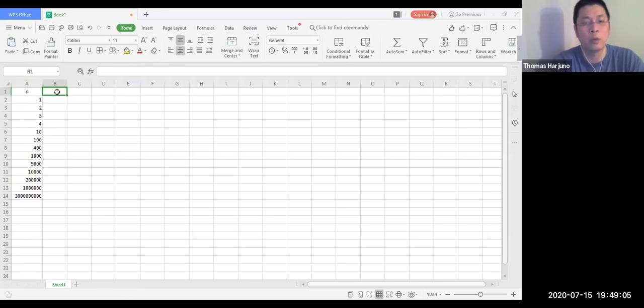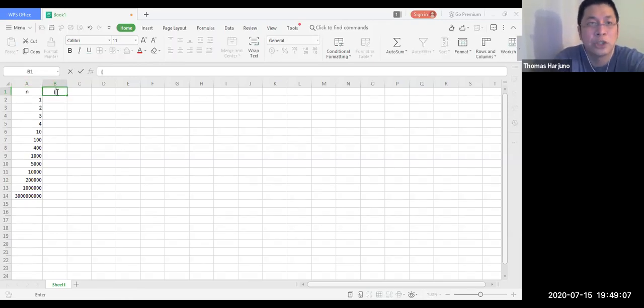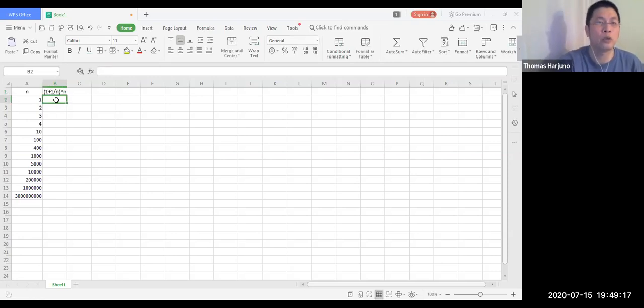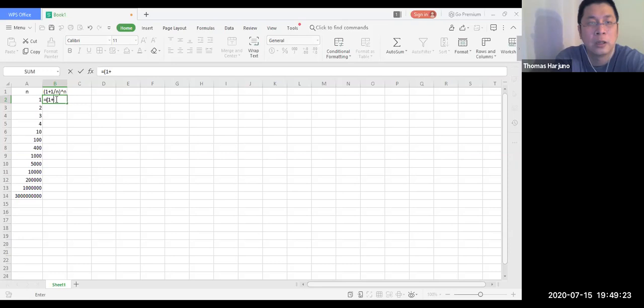Now, what happens with that expression, 1 plus 1 over n to the power of n? We want to compute that. I use Excel to help me compute it super fast. That's 1 plus 1 over whatever number you have on the left-hand side, to the power of that same number.